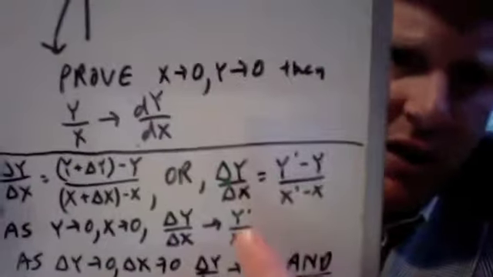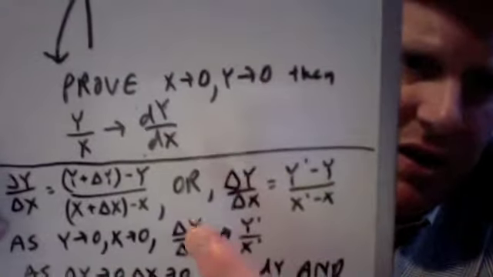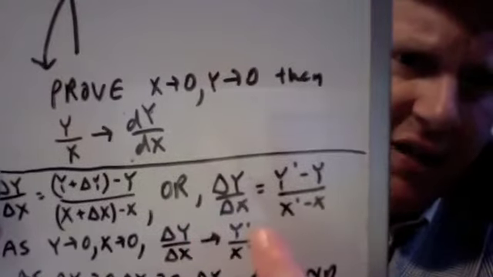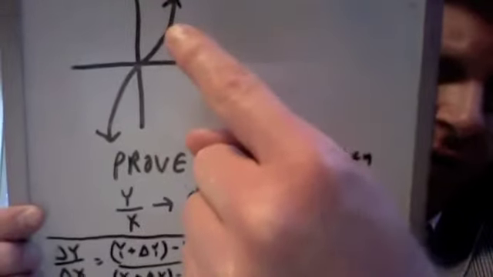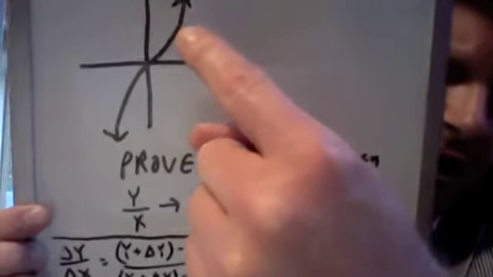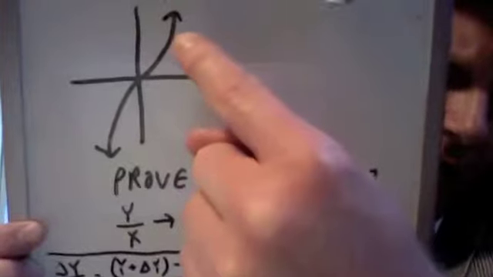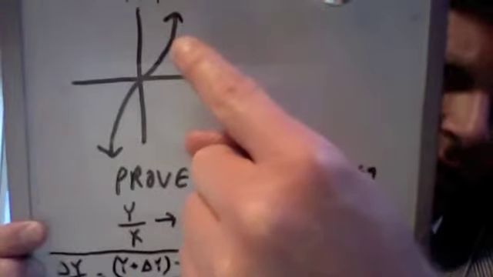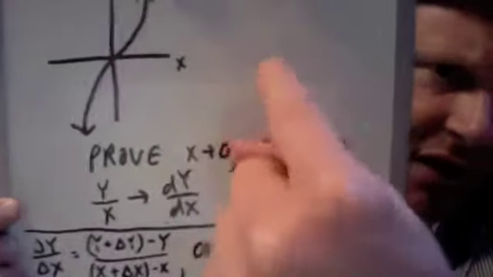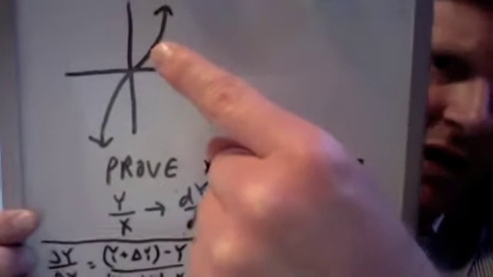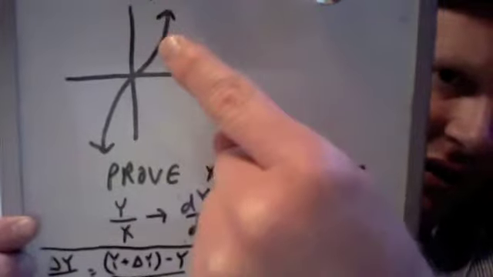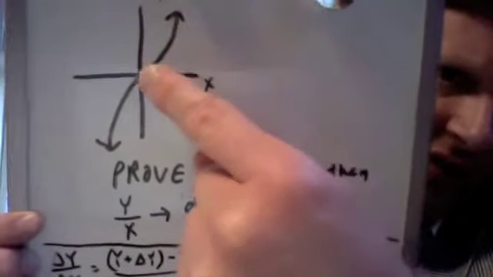Going back here, the reason that delta y is the equivalent of y prime and delta x is the equivalent of x prime is that if you consider the frame of reference of the origin, any other value for x and y, which we denote as x prime, y prime, whether here or down here or anywhere along the function, is going to be the same automatically as delta x, delta y, because we're considering the origin.